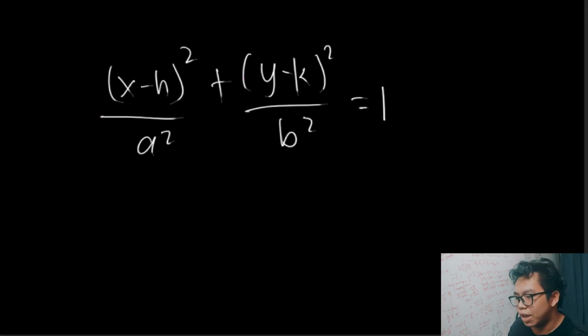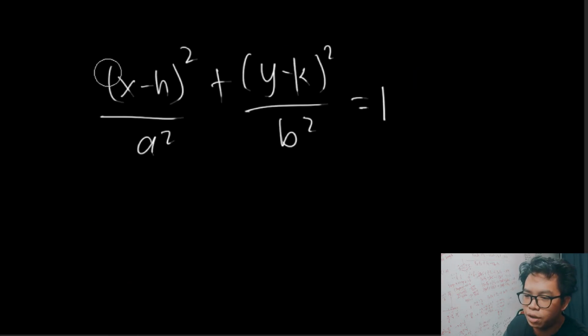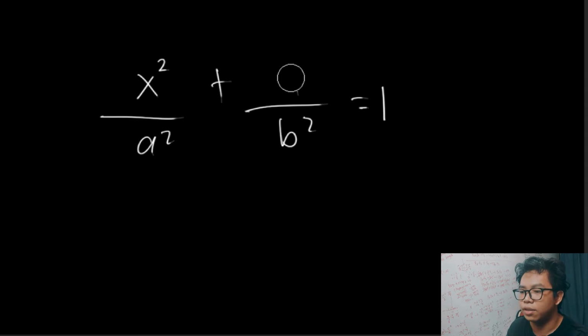Alam natin na ang center ay 0, 0. So, dahil 0, 0, x squared na lang to, pati y squared, kasi nga 0 naman ng h and k.